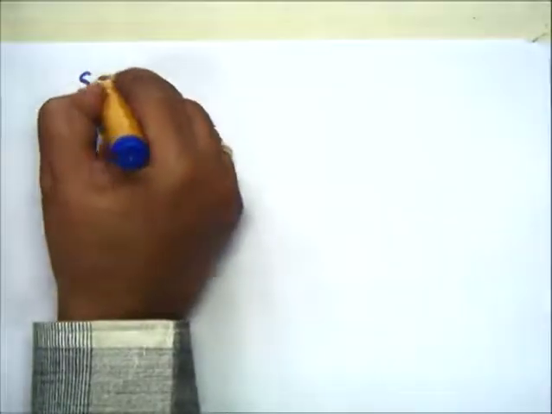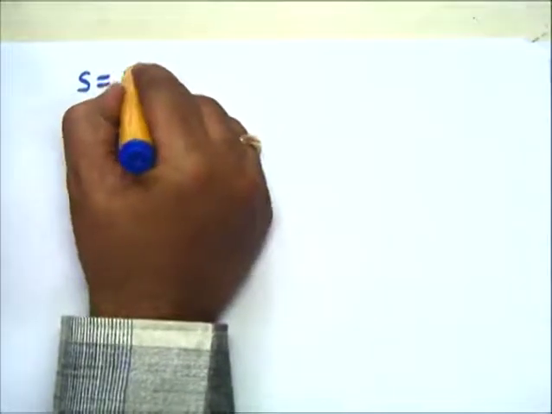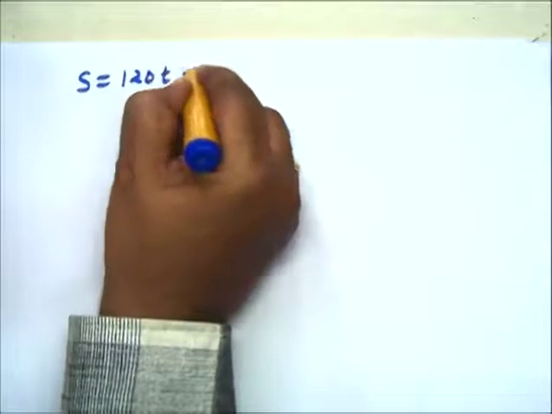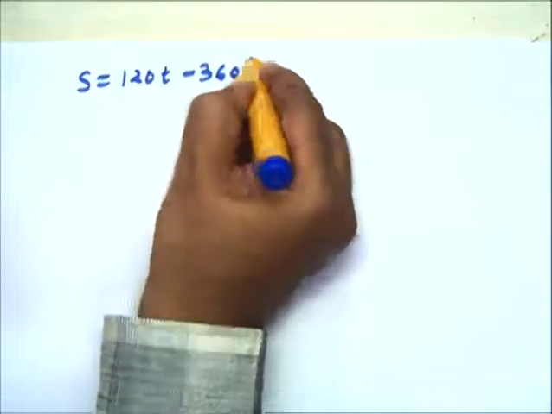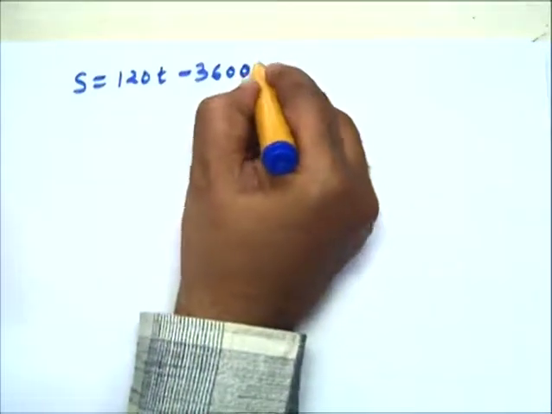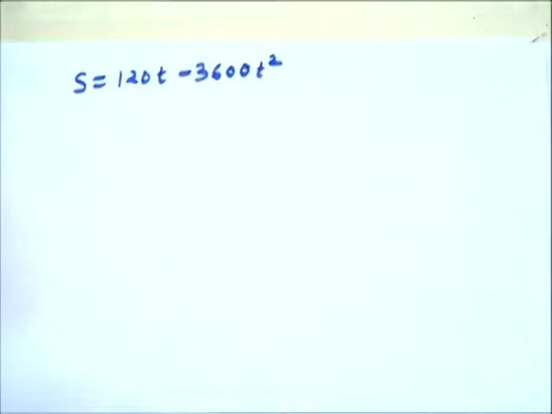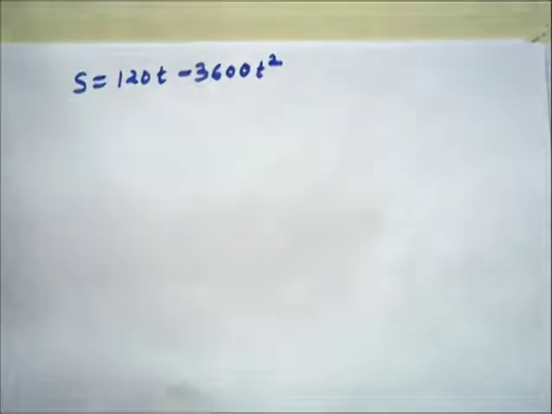So we have s equal to 120t minus 3600t square. This is the equation of motion which is satisfied by a bullet. Now we want to find what distance the bullet has traveled before it stopped.